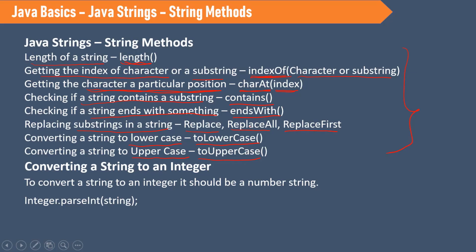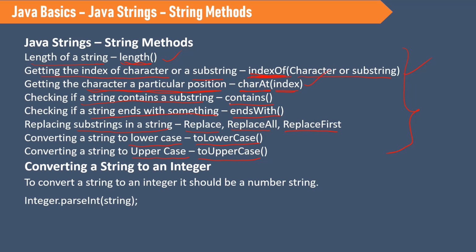So these are some of the important methods. One is length, to find out the length of the string, and another is to find a character or a substring, we can use the indexOf method. And if we want to find out the character at a particular index, we can use the charAt method.